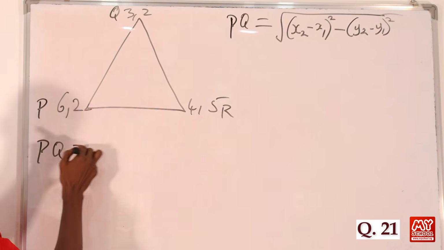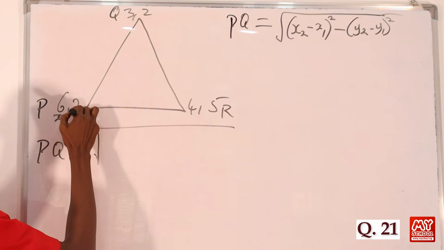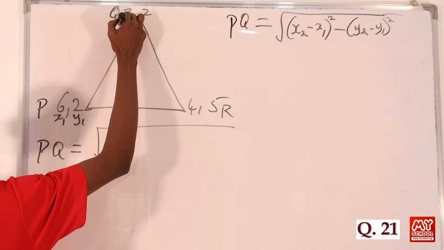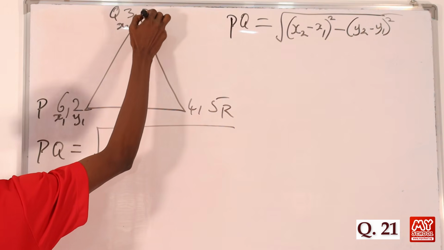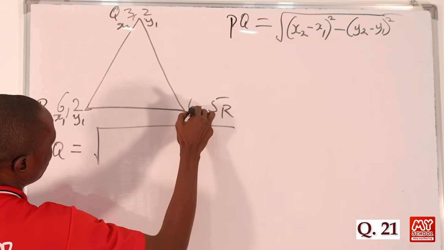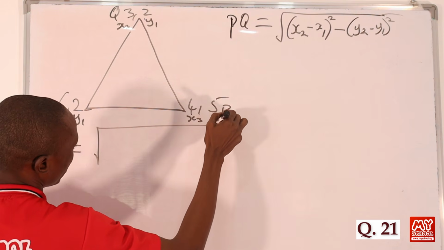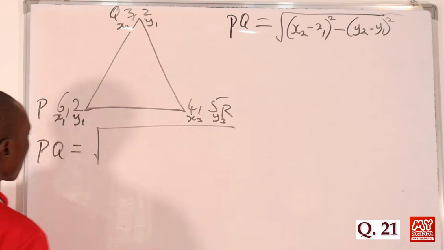So the distance between PQ will be equal to, of course, remember this is our X1, this is our Y1, so this is X2 and this is Y2.